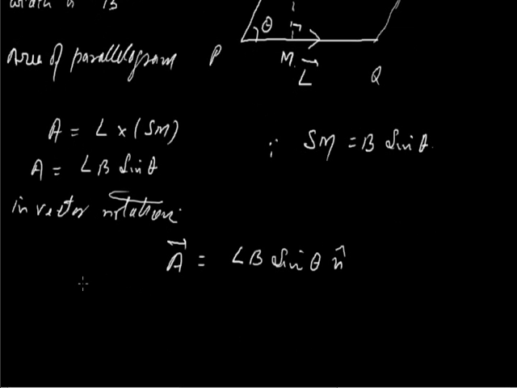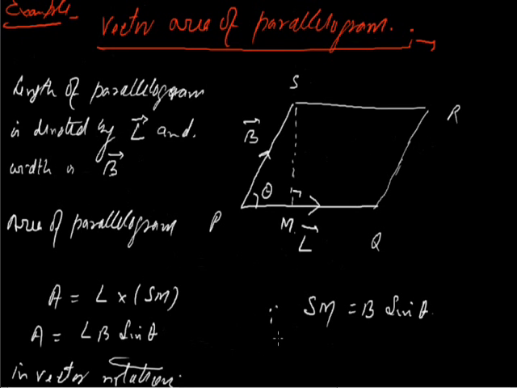By the right hand thumb rule, vector A is L cross B. The direction of A, which is perpendicular to the plane of the parallelogram, is this one. The direction of A or L cross B is given by the right hand thumb rule.